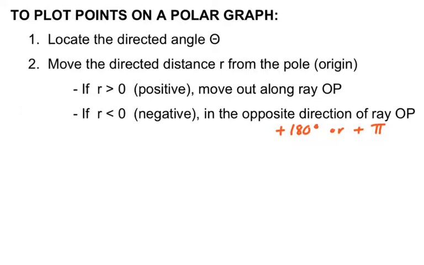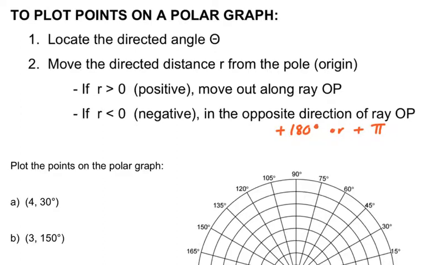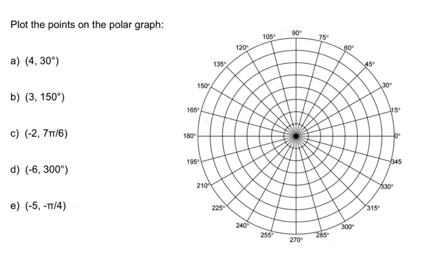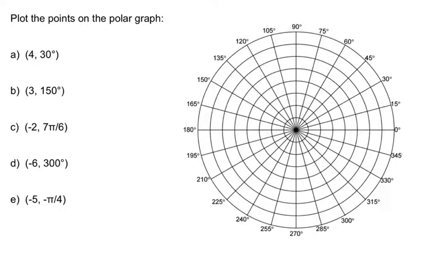So let's try and see this in real life. Let's look at plotting these points on the polar graph. Now remember, each of these ordered pairs, we are presented with an R first and then a theta. So for A, we need to go to 30 degrees. That means we're traveling off this positive x-axis and we're going to rotate up 30 degrees. So here's my 30-degree line.